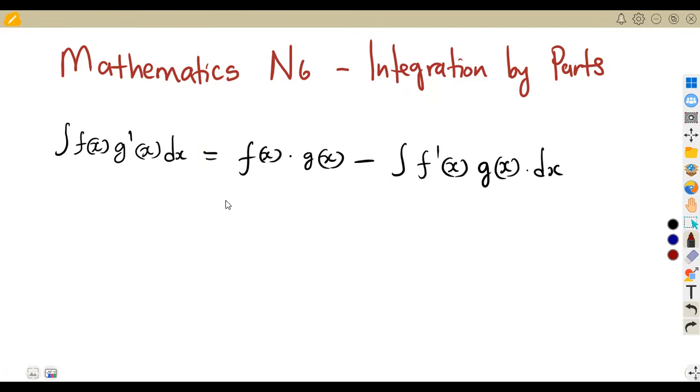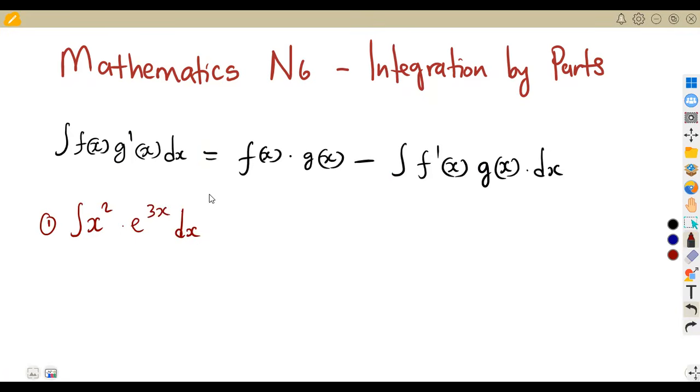If a product of two terms is being applied, let's say we've got number one, the integral of x squared e to the exponent of 3x with respect to x.